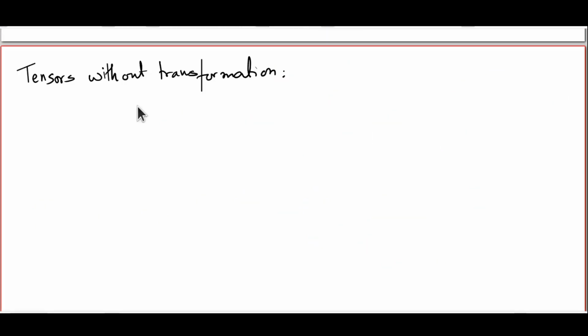Remember, we have said that we can define a vector using differential geometry concepts where we do not have to involve coordinates directly into the definition. And once we do that, this coordinate transformation version of the definition would actually follow as a natural property of that object.